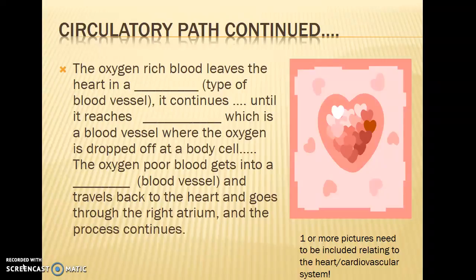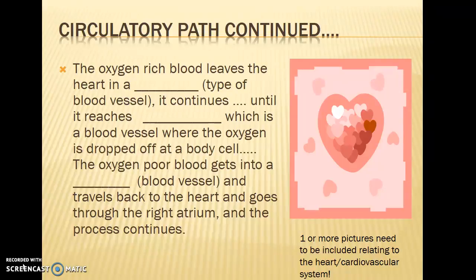So, you've explained how that blood continues through the heart, and then you might say something similar to this is the path through the body. The oxygen-rich blood leaves the heart in some type of blood vessel.